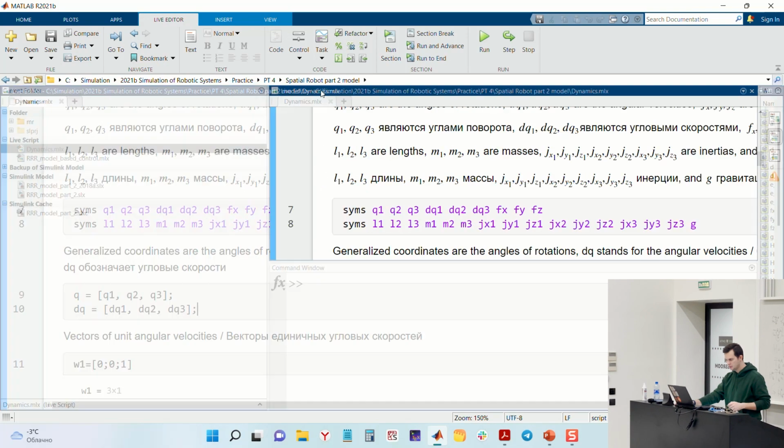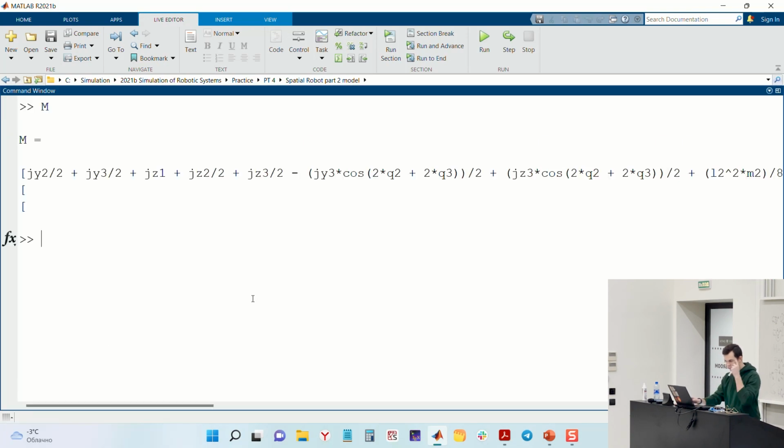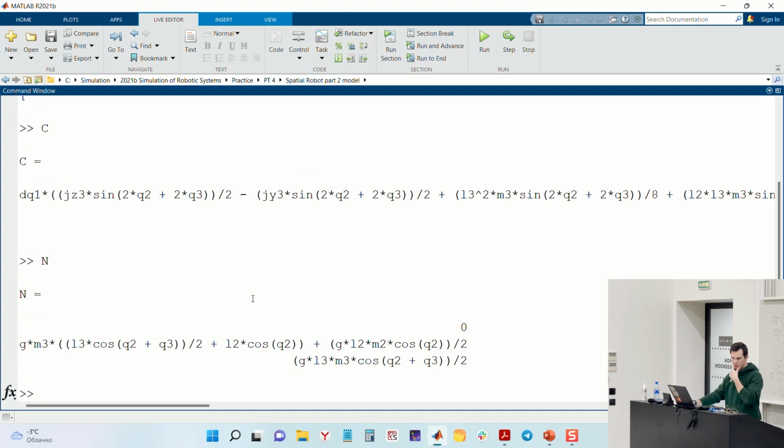Pretty much that's it. Now you can find here M, c, and gravity. You can just copy it and put it into your dynamics, and you can do the same for your second practice task. You can just check yourself.